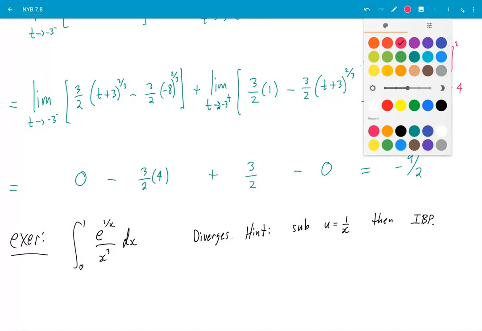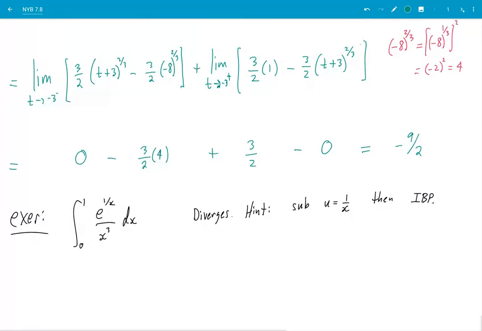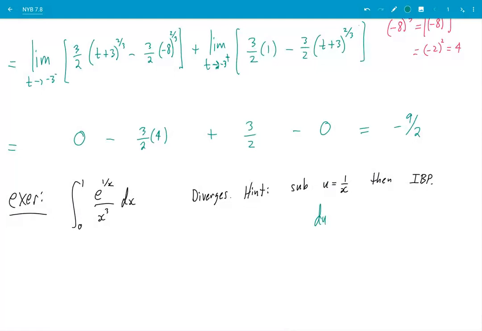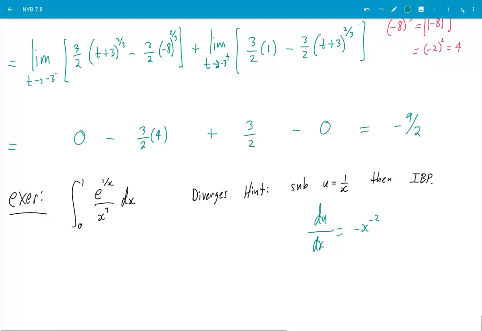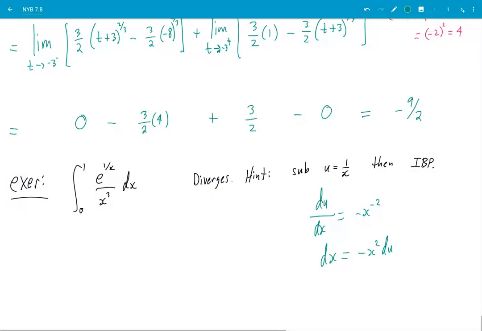Okay, let's see. So what did I say? Oh yeah, u is equal to 1 over x. So what happens there? So du over dx is what? Bad start. Negative x to the negative 2. So dx is negative x squared du. Okay.